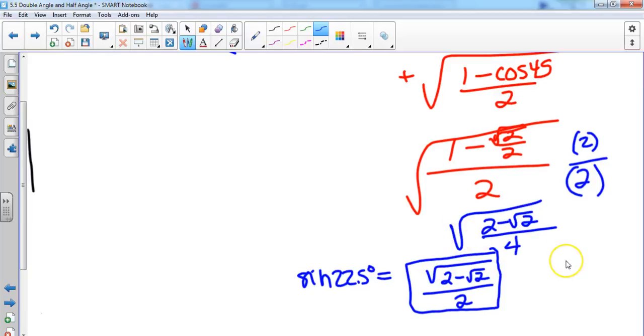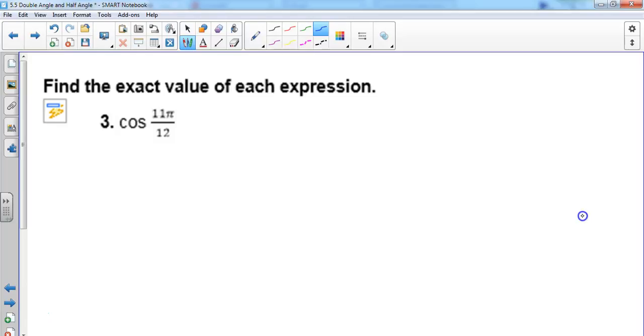Because we square rooted the 4. Oh, okay. I could write this as the square root of 2 minus the square root of 2, all over the square root of 4. My square root was a little shrimpy there. Good question.